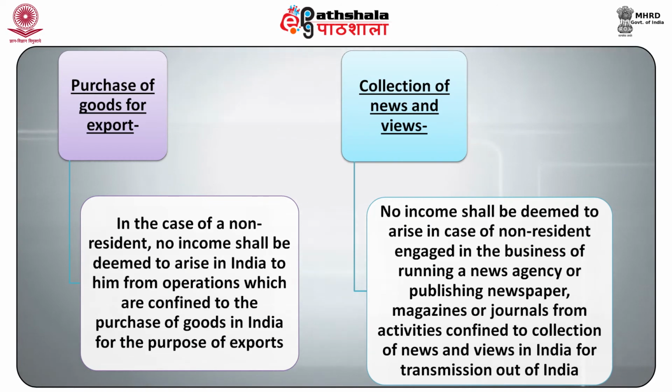B. Purchase of goods for export. In the case of a non-resident, no income shall be deemed to arise in India to him from operations which are confined to the purchase of goods in India for the purpose of exports. C. Collection of news and views. No income shall be deemed to arise in the case of a non-resident engaged in the business of running a news agency or publishing newspapers, magazines or journals from activities confined to collection of news and views in India for transmission out of India.